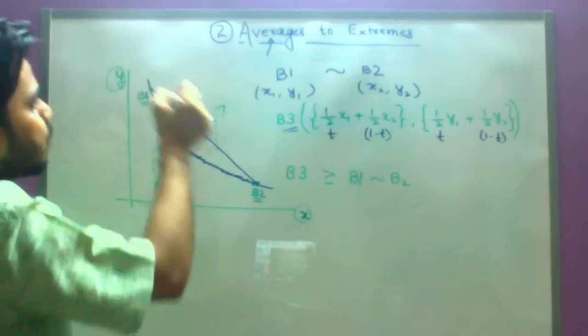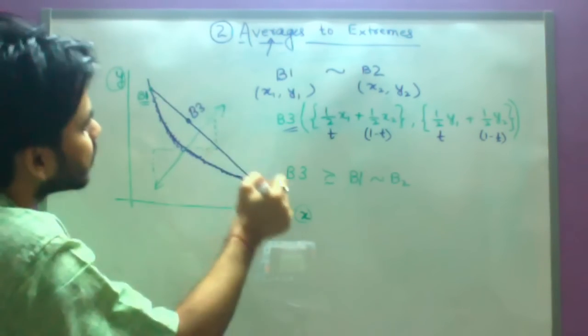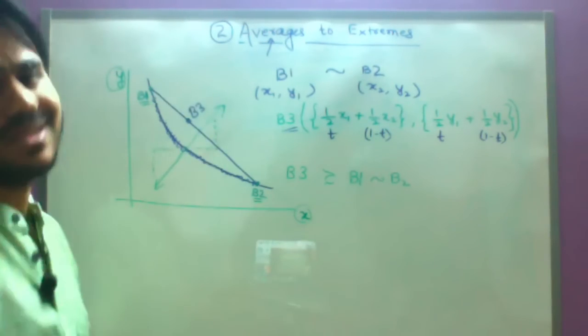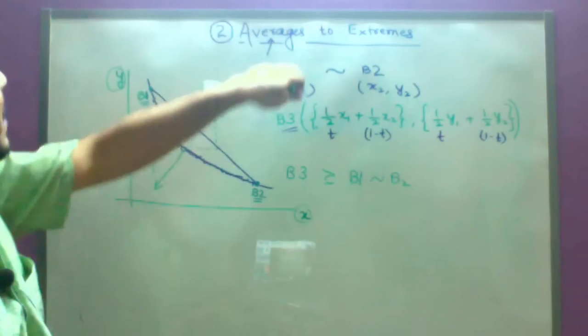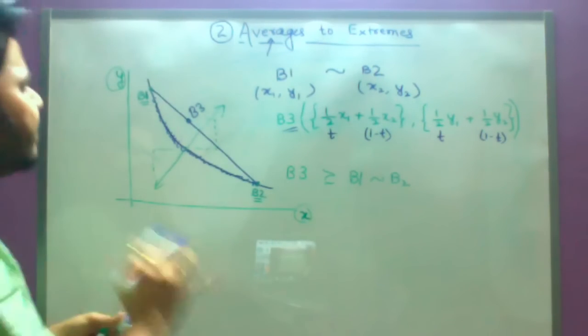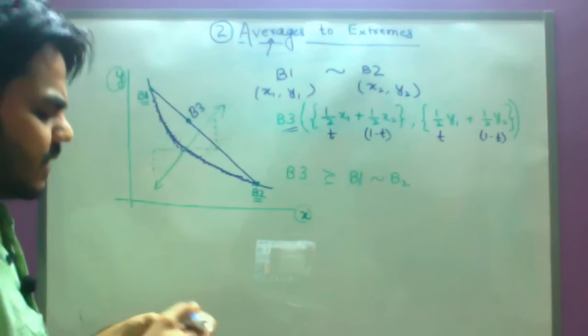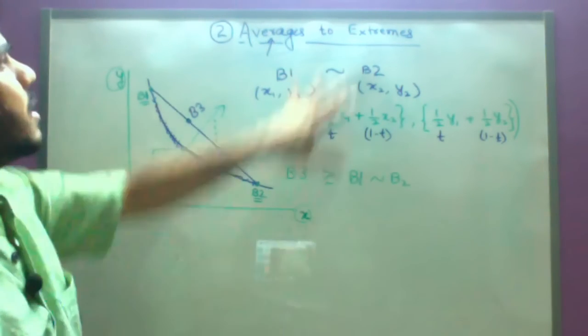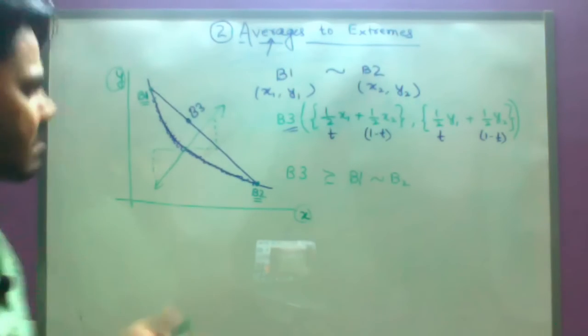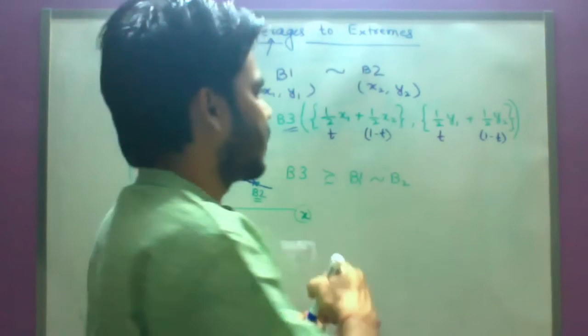So all the points on this line will be preferred to this indifference curve, or they will lie on a higher indifference curve, right? So that is the idea of averages are preferred to extremes. Now, can we have some other kind of indifference curve which doesn't obey this averages to extremes assumption? Yes, definitely. Let's look at them as well.